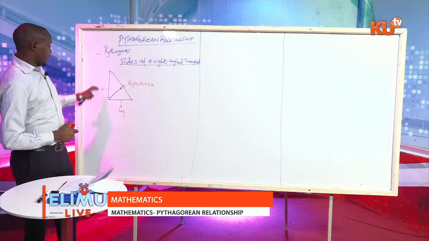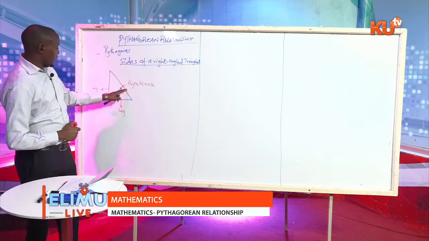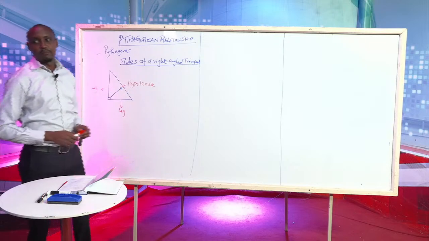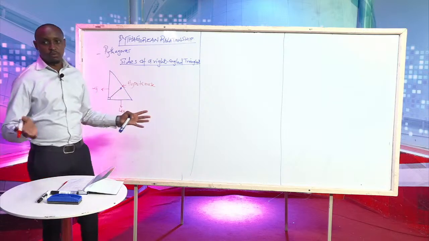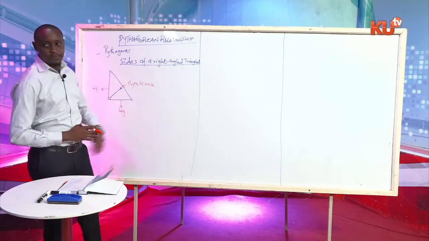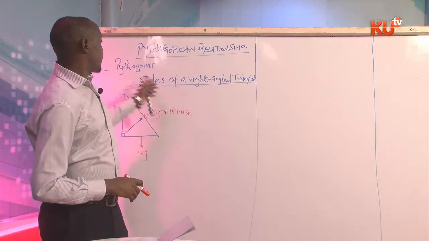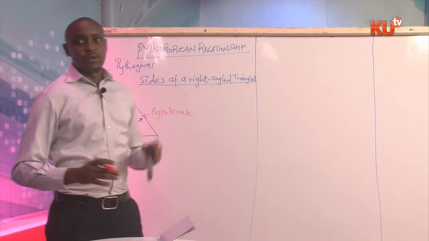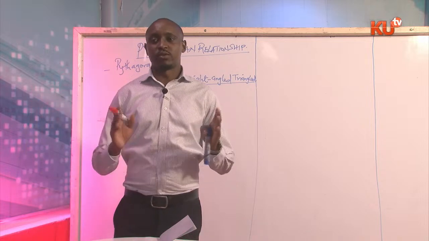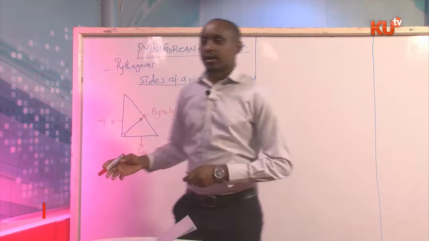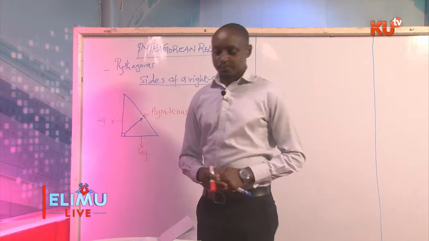So the two shorter sides are called the legs, and the longer side is called the hypotenuse. So we are going to explore more about how these three sides of a right-angled triangle are related, or what Pythagoras discovered when he did his mathematical research about the right-angled triangle.